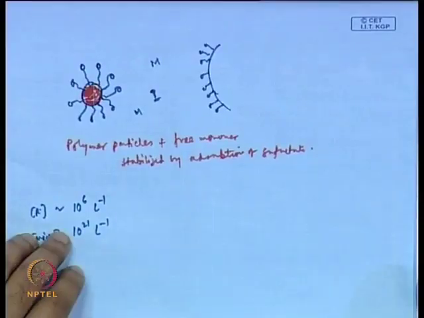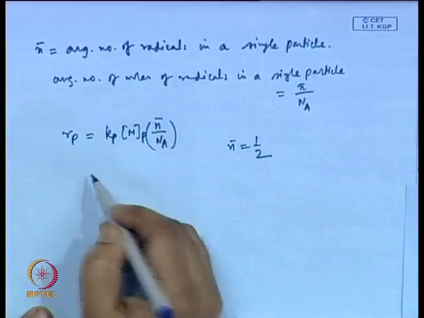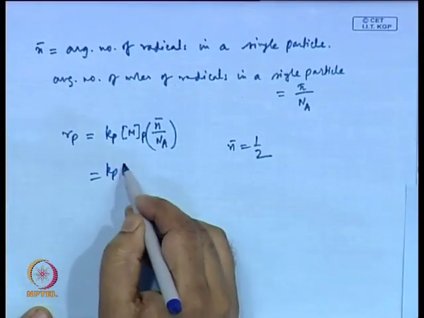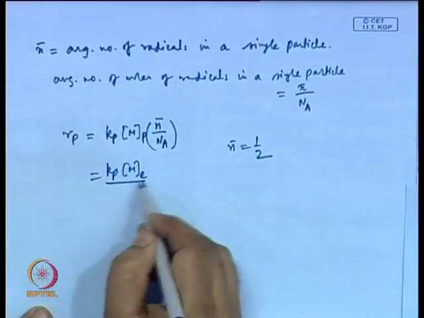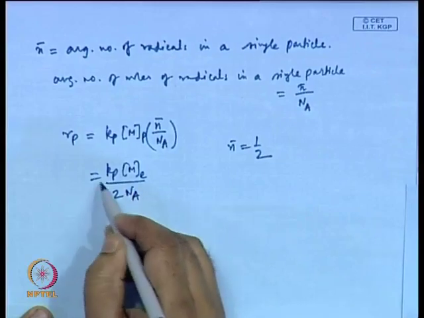So, n bar is half. So, we can write Kp Mp by twice Na.